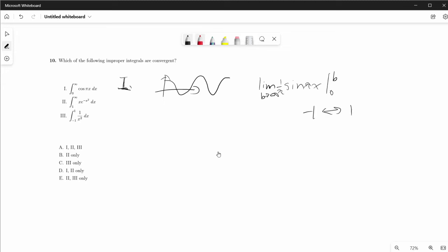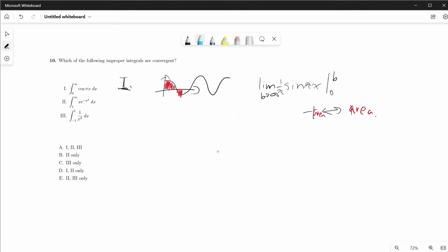Because if you imagine the area of this, I don't know what that area is, and I don't need to find out. This is the positive part of the area, and then the same area is canceled out by this negative area.